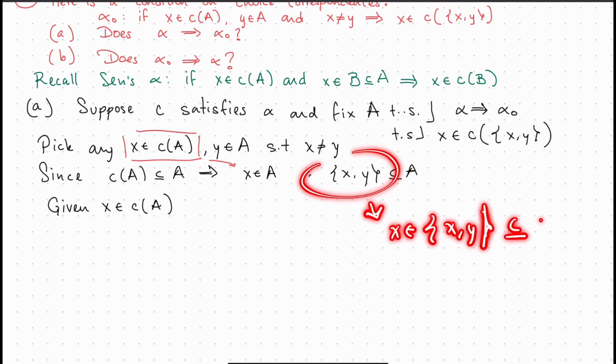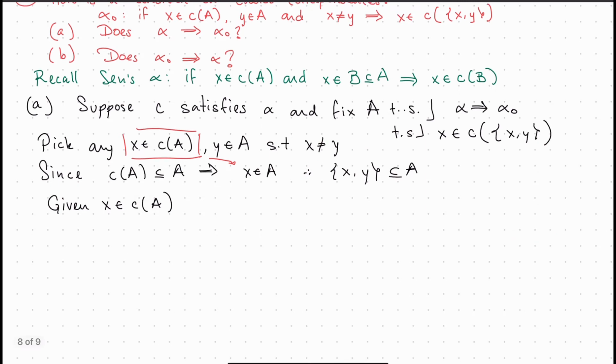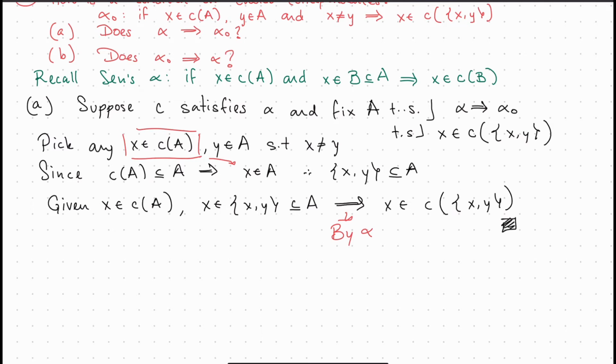And given that x is a member of the set xy, and that set is a subset of A, then by alpha, x is a member of the choice correspondence over xy. And this proves what we wanted to show.